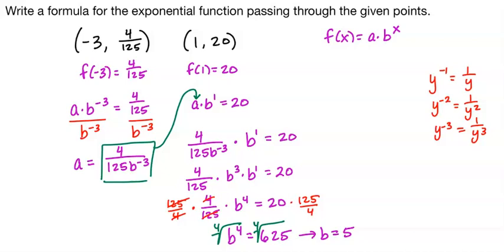Now, if you have a TI-83 or TI-84, to be able to take a 4th root of a number, you're going to need to hit your math button on your calculator, and you'll see your cubed root. We've used that previously. Below that, you'll see one that's actually the xth root. Before you hit the math button, you're going to type the number 4 on your calculator first, then hit the math button.